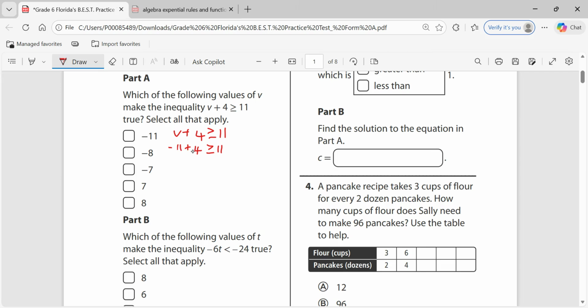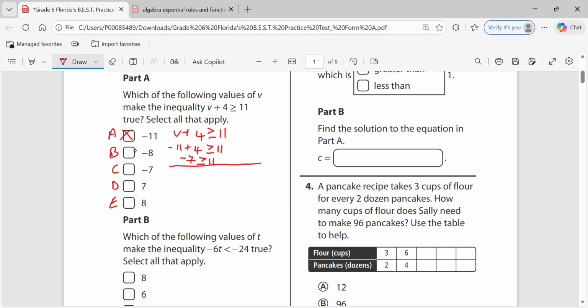Nope, two different signs, we are going to subtract. So when we subtract, we're going to get negative 7. So negative 7 is greater than or equal to 11. Well, is that true? No, it's not. Let's call this A, B, C, D, and E. That means A is incorrect.